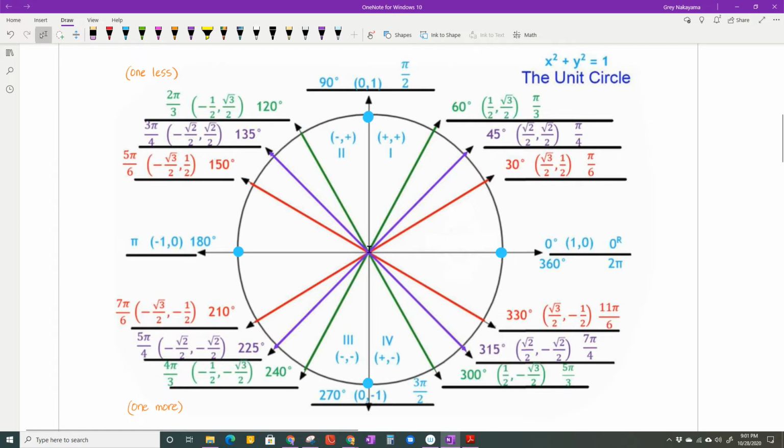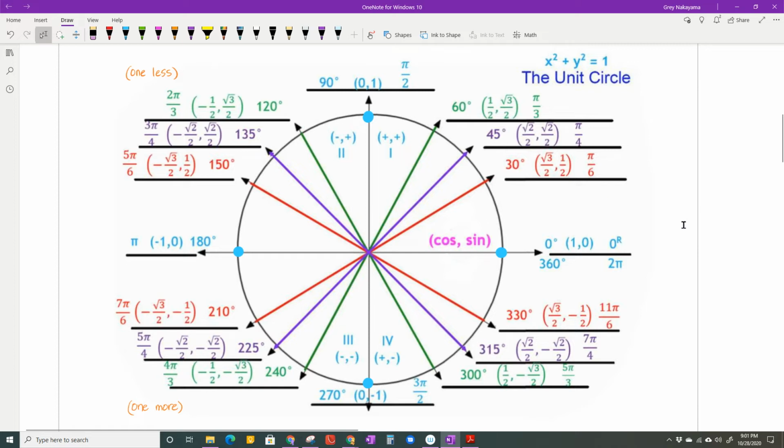And it's all because we have a radius of 1 here. So whenever I look at any coordinates, all I have to do is look at it and know that the first number is the cosine of the angle, and the second coordinate is the sine of the angle. So if I want the cosine of 300, I just go down here and go, oh, it's 1/2. If I want the sine of 135, square root of 2 over 2.